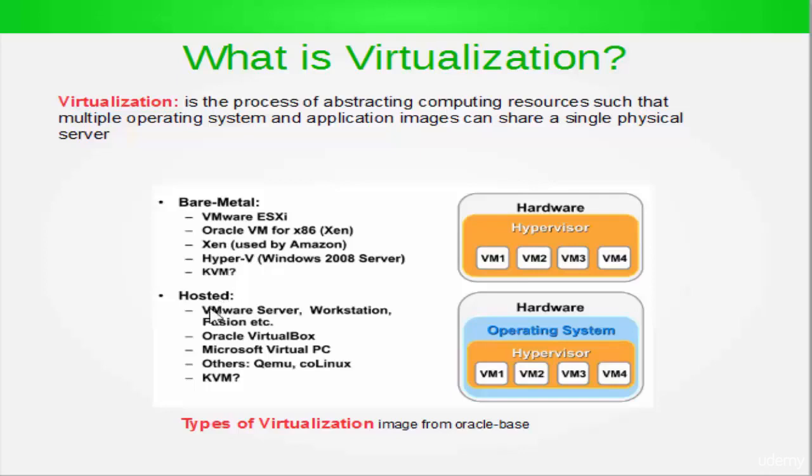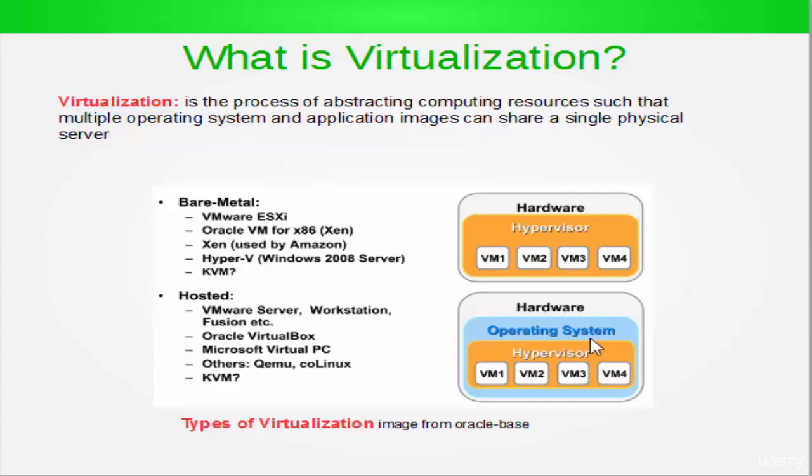The second kind, which is the hosted. In the hosted we have the first layer, which is the hardware layer, and then above the hardware layer there is an installed operating system, for example Windows 7 or Windows 8, and then I install the hosted hypervisor on the operating system, which will be the third layer, as you can see over here.